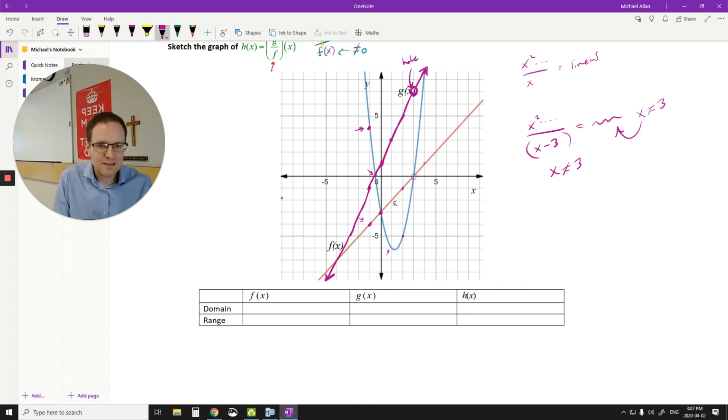And so f of x, where is f of x? F of x is the orange line that we divided by. F of x is the nice linear line, so its domain and range are x-er and y-er. Okay, my g of x is a quadratic, so my domain is going to be x-er. My range is going to be whatever this min point happens to be and higher.